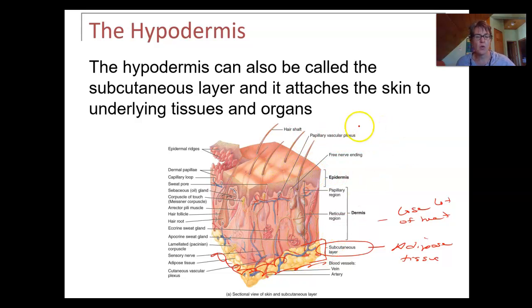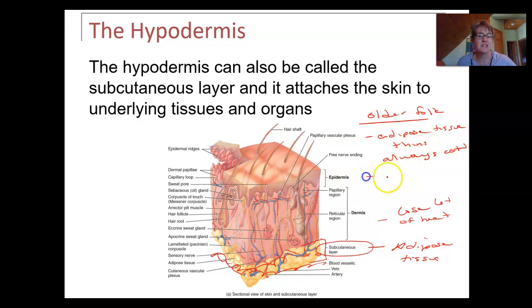So when you get old, older folk like me, I don't know if this is true, but our adipose tissue thins. So you know what that means? We're always cold. Our skin gets very thin. We lose elasticity, those elastic fibers in the dermis, the collagen fibers for strength, and it makes us wrinkly.